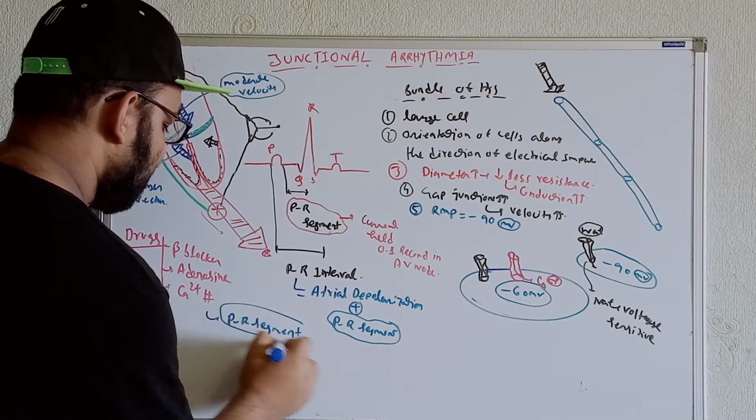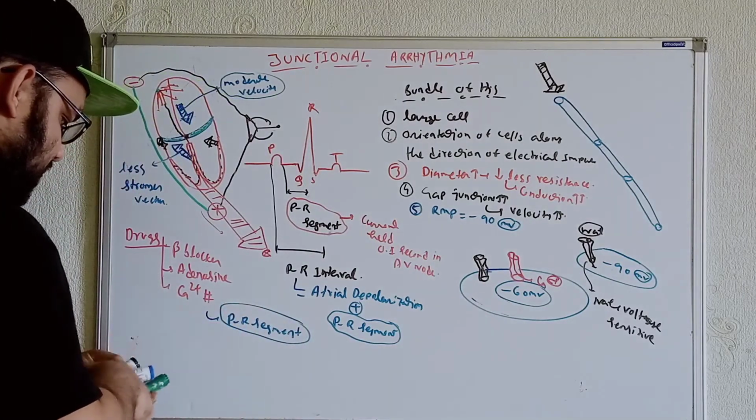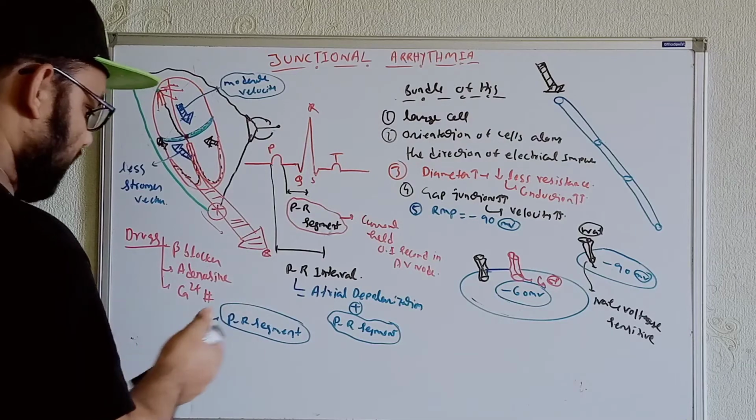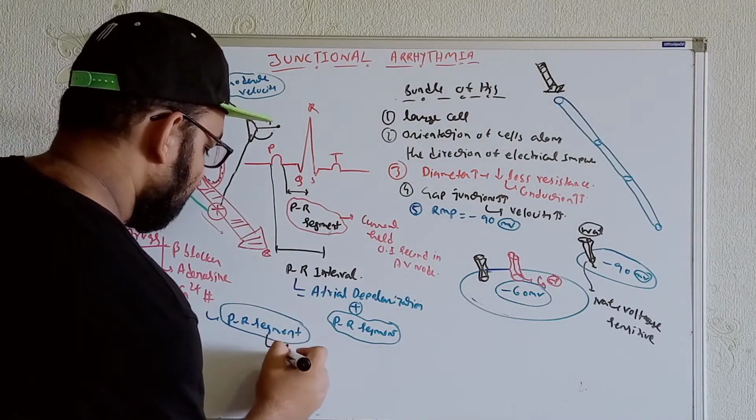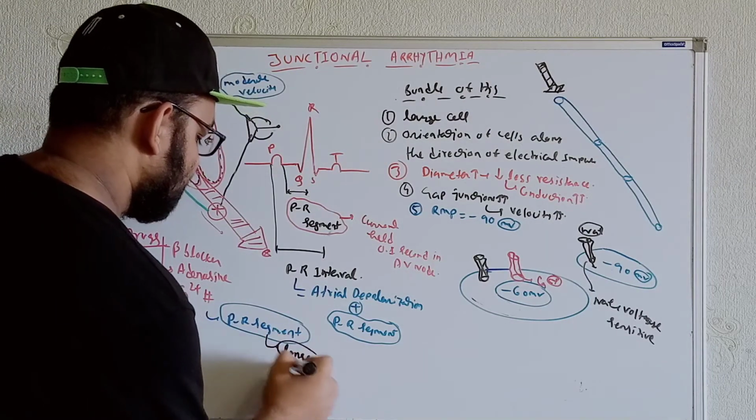The PR segment will be longer. Try to understand: we are making the AV node slower.